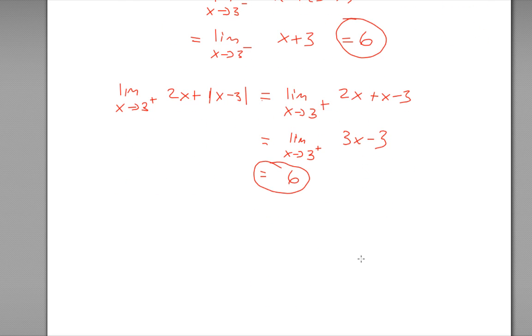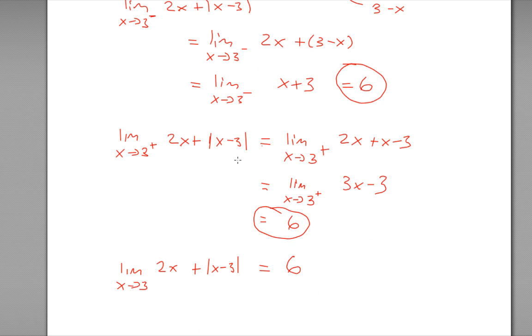So now we can fundamentally conclude that the limit as x goes to 3 of 2x plus the absolute value of x minus 3 is definitively equal to 6, because the limit from the left was equal to the limit from the right. Okay? So that's the idea behind one-sided limits.